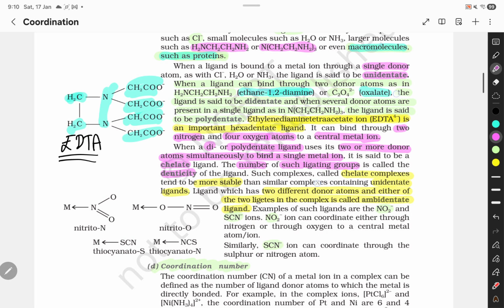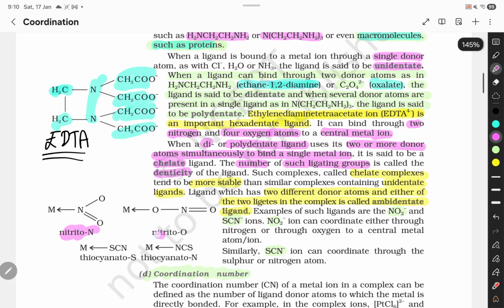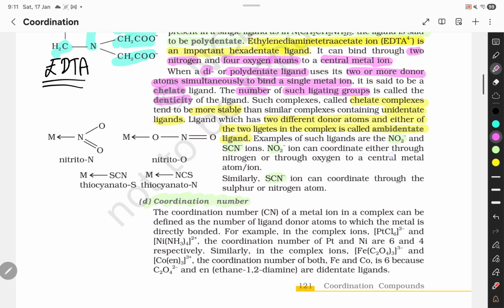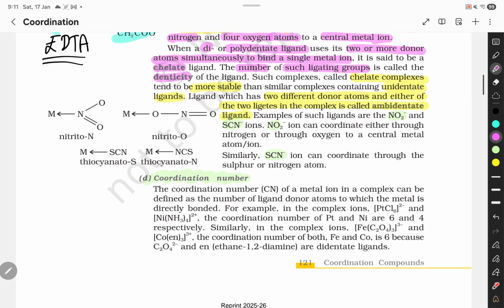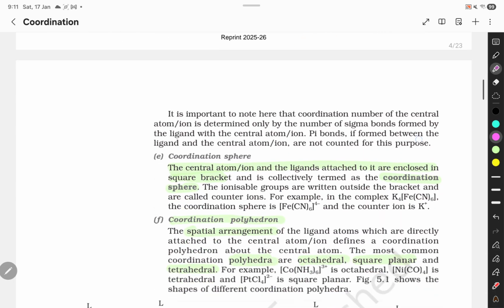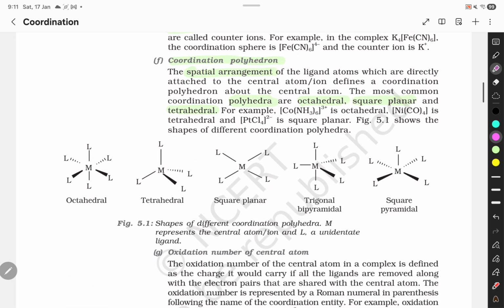The next one talks about nitrito and nitro, all these linkage isomerism types. They just talk about the ligands that can link through multiple atoms, and obviously there'll be an important point pertaining to SCN or these kinds of linkage isomers soon. This is all useless stuff.